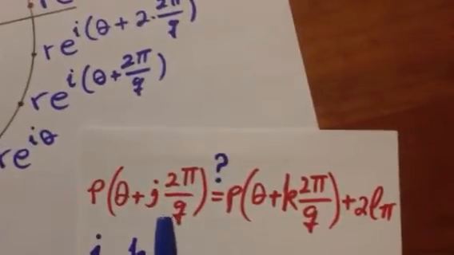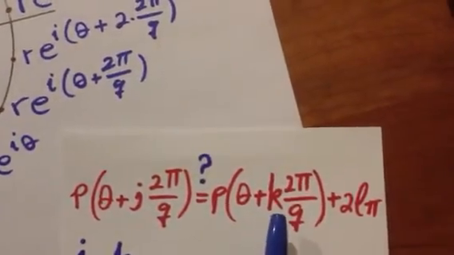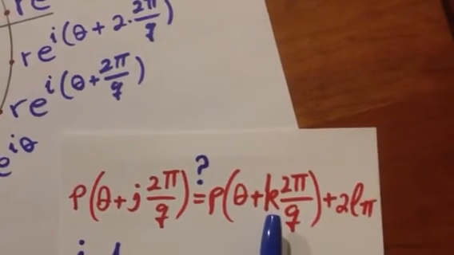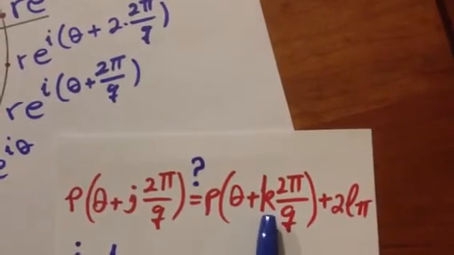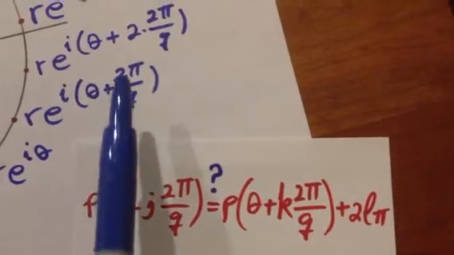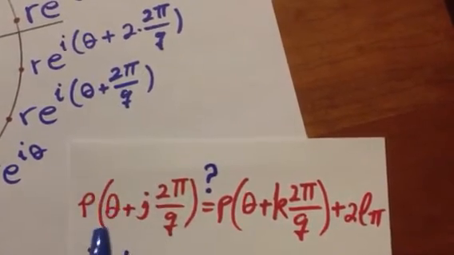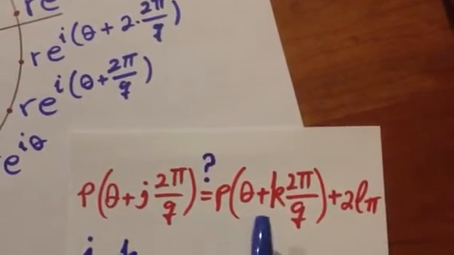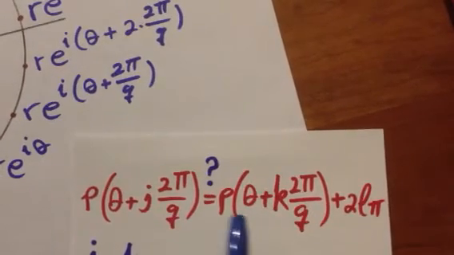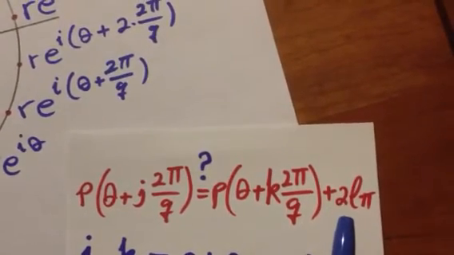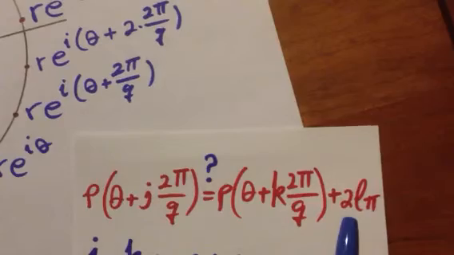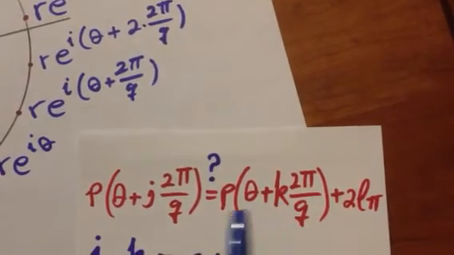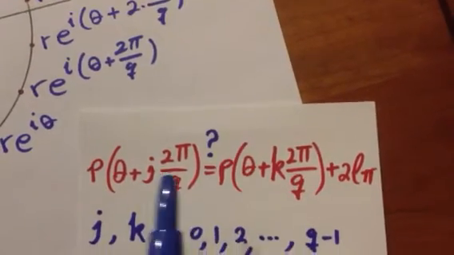So just like j, we can choose k to be some other index here. Now if we multiply these arguments by p, then they have to be equal up to some multiple of 2 pi in order to be the same. So let's see what happens if they are the same.